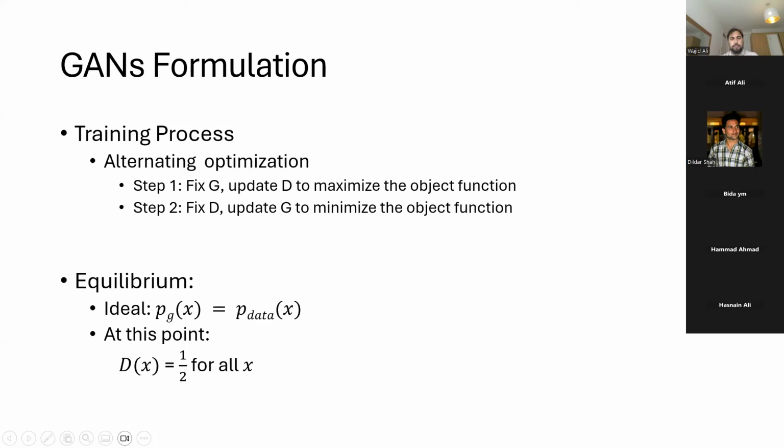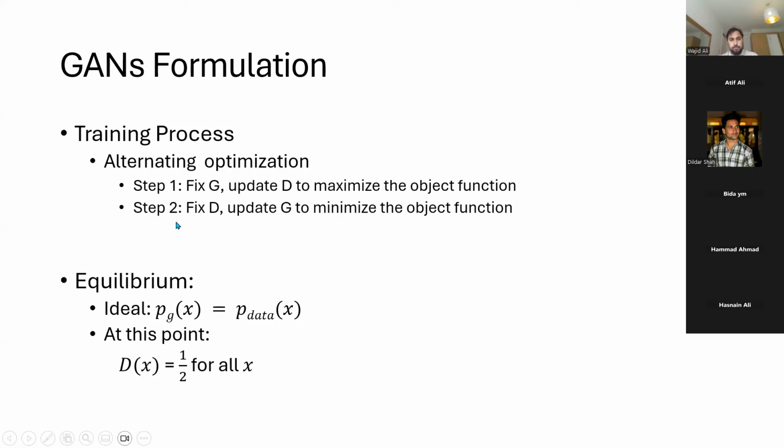The training process is an alternating optimization. The first step is to fix the generator and update D to maximize the objective function. In the second step, fix the discriminator and update G to minimize the objective function. In this way, both generator and discriminator are trained.